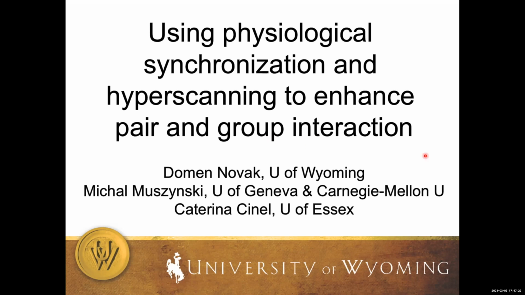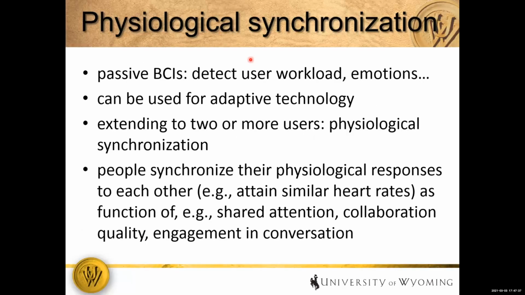And just as an introduction to the concept of physiological synchronization, when you have two or more people interacting with each other or experiencing similar stimuli, they will actually synchronize their physiological responses to each other.